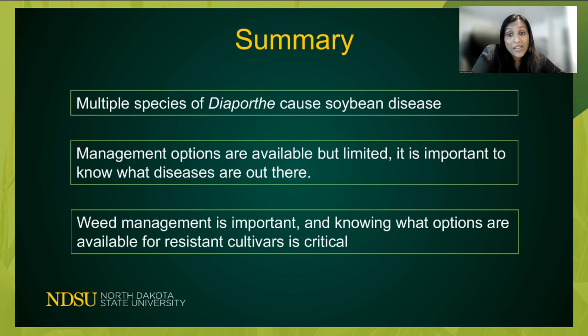Management options are available, but they are fairly limited. We are researching to identify the most effective strategy out there. Currently, it is important to manage weeds, because many of these weeds are glyphosate resistant, and volunteer plants might be glyphosate resistant as well.